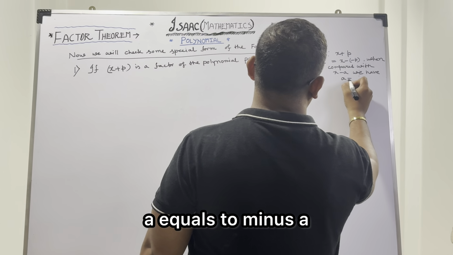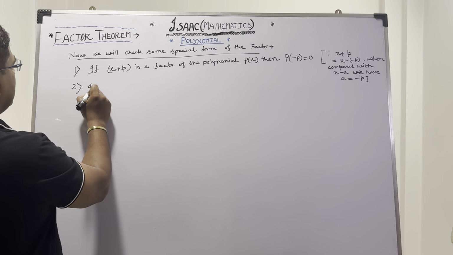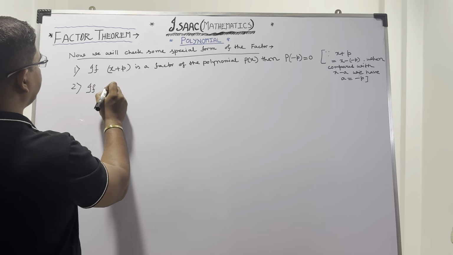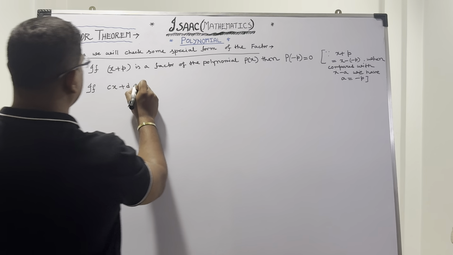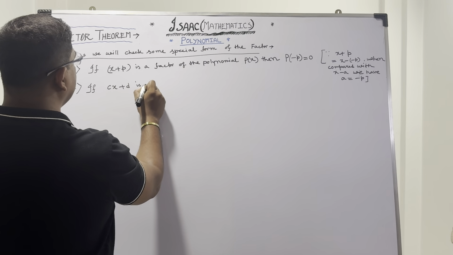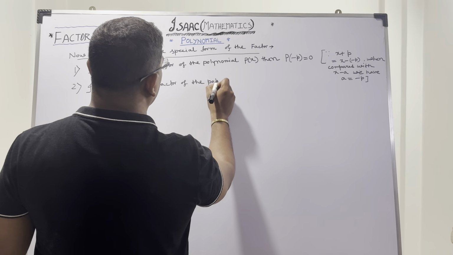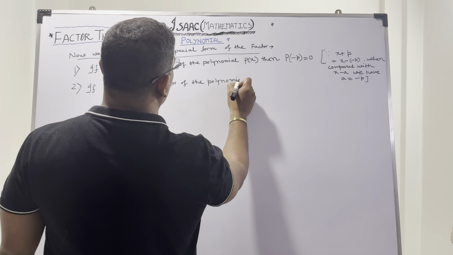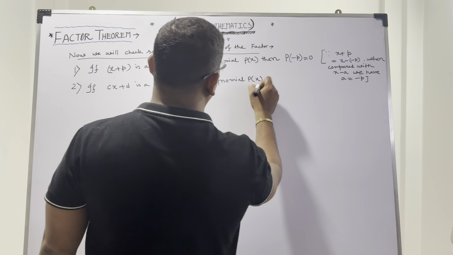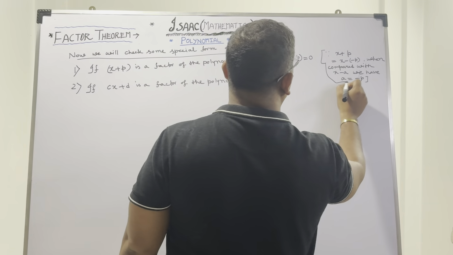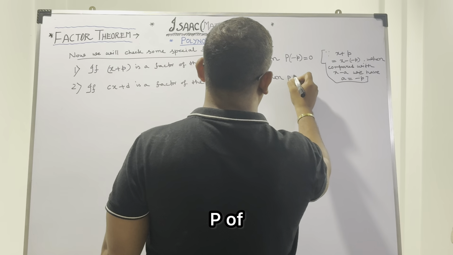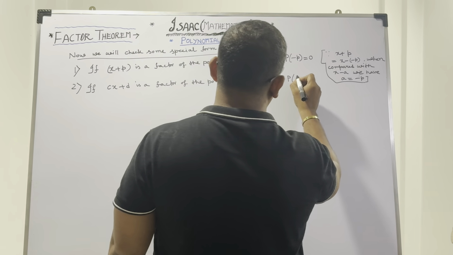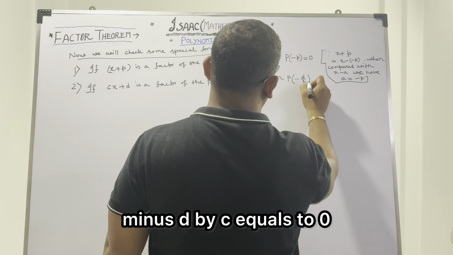Number 2, if cx plus d is a factor of the polynomial p of x, then p of minus d by c equals 0.